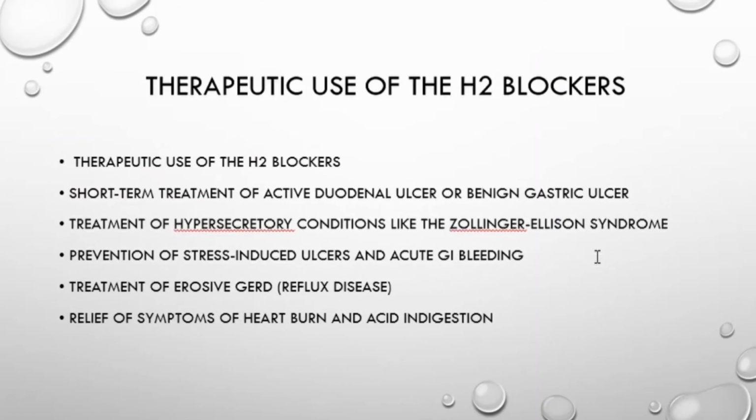So the therapeutic uses of H2 blockers: we have short-term treatment of active duodenal ulcer or benign gastric ulcer, treatment of hypersecretory conditions like Zollinger-Ellison syndrome, prevention of stress-induced ulcer and acute gastrointestinal bleeding, treatment of erosive GERD, which is reflux disease, and relief of symptoms of heartburn and acid indigestion.